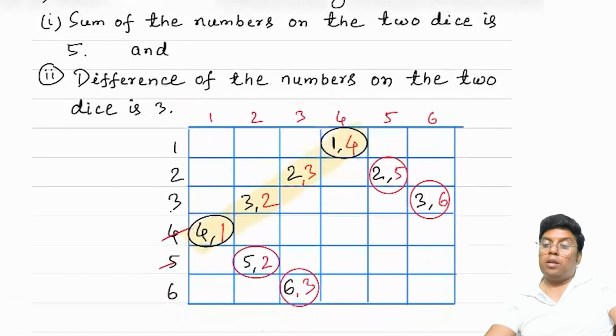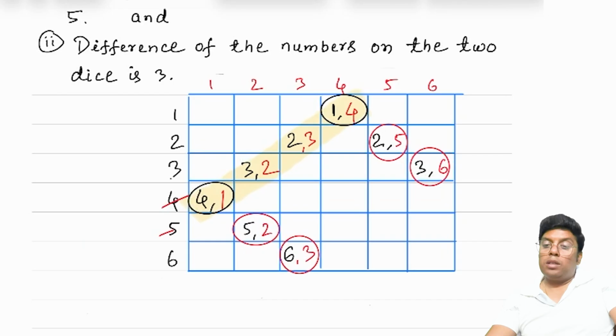So this is the table which has been drawn to show the outcomes on the two dice. Here the numbers written in black is the outcome on the first dice, and the numbers written in red are the outcomes on the second dice.